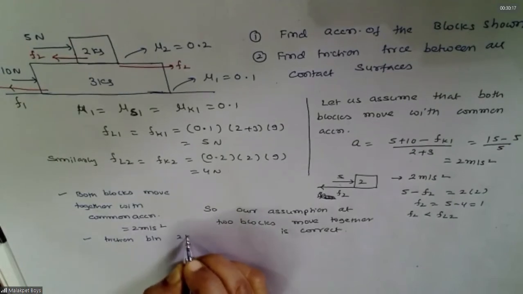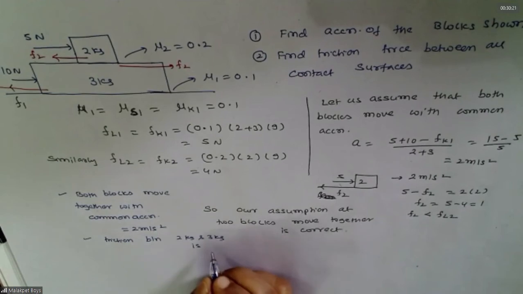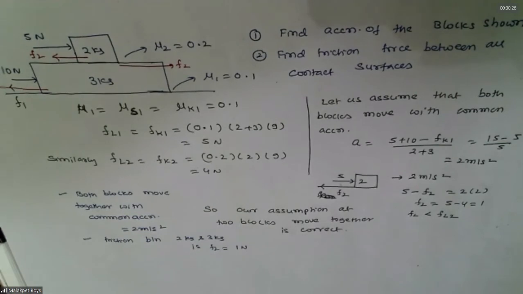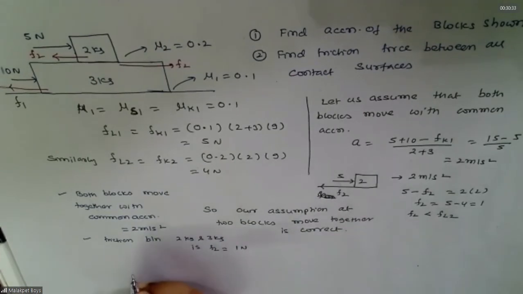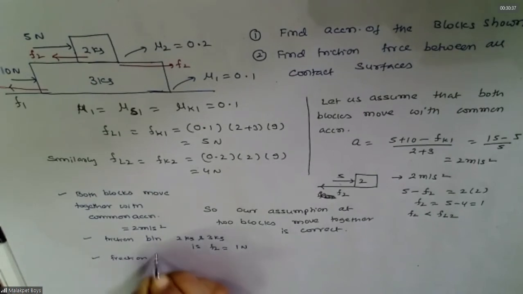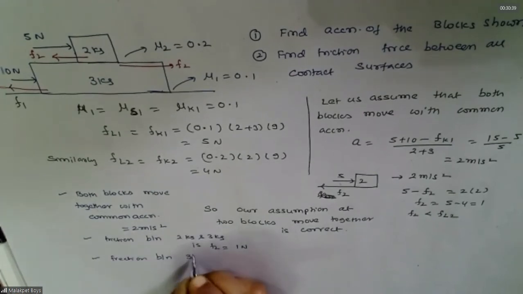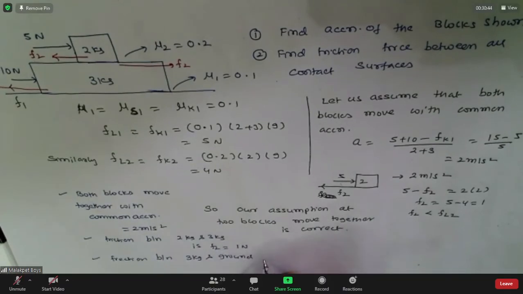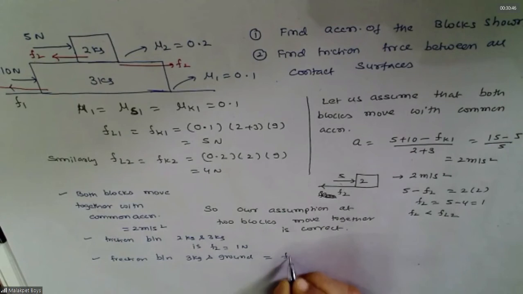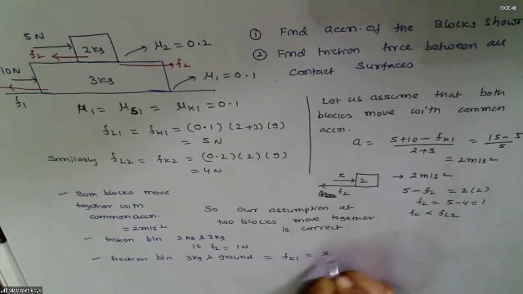The second one is friction between 2 kg and 3 kg, how much did you get? 1 newton, because they're moving together now. And the last part is friction between 3 kg and the ground, which is nothing but Fk1, that is 5 newtons.